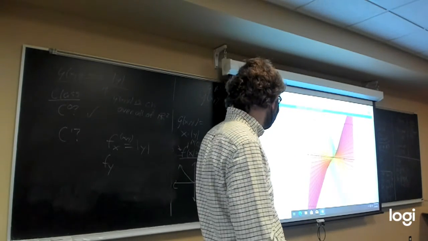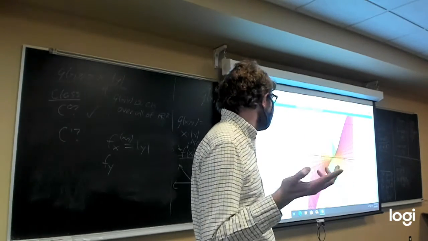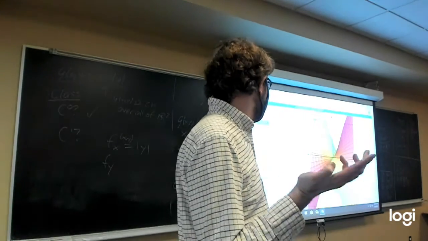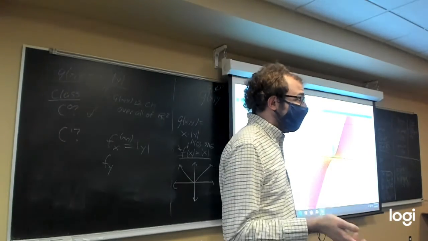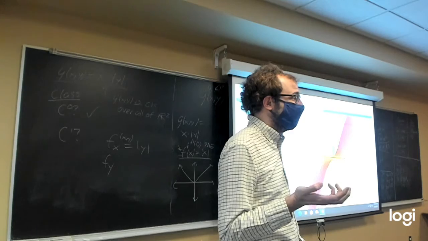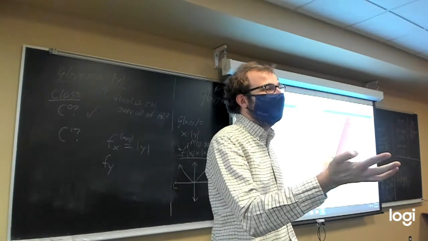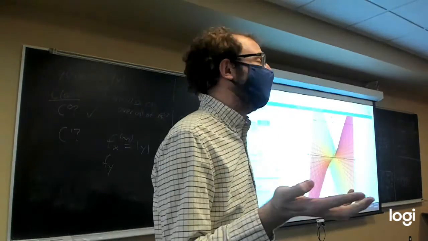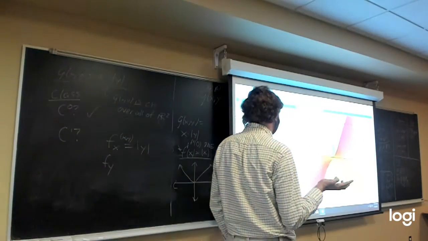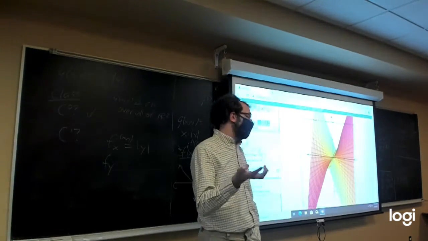Yeah, everywhere. This one's actually sneaky. Any point where the y coordinate is 0, this function f sub y is going to fail to be defined, except at the origin. The origin's the only point along that line where we can take our partial derivative f sub y and get something that will give us a nice output.